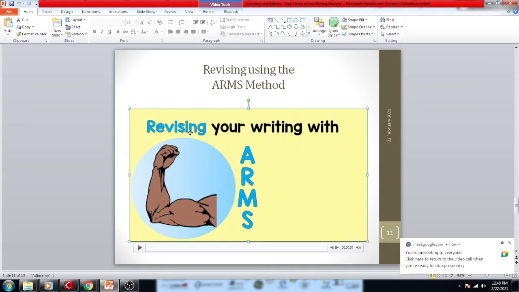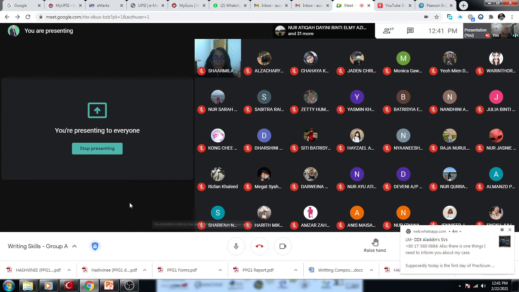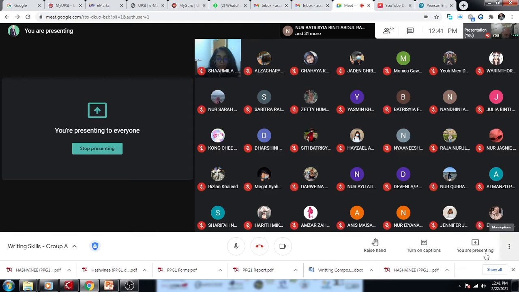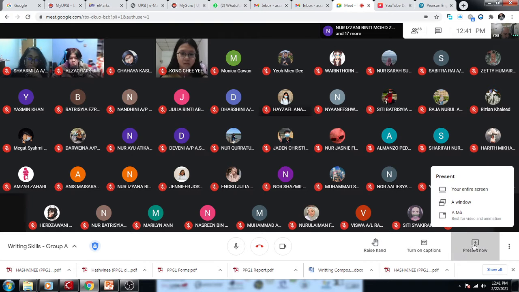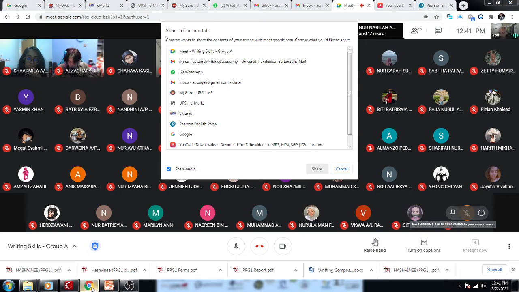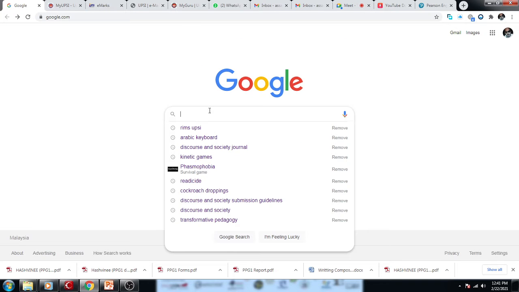Okay, so if that's the case, let's use another technique where we present using the window. Stop presenting and then present again using a tab. Present using a tab, and let me go to the internet using the ARMS method.